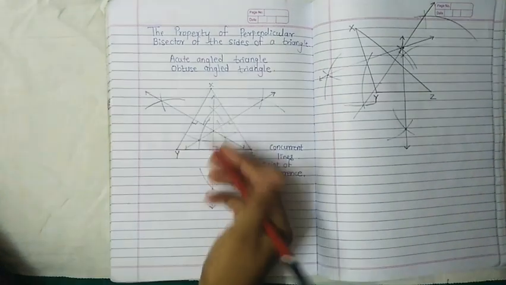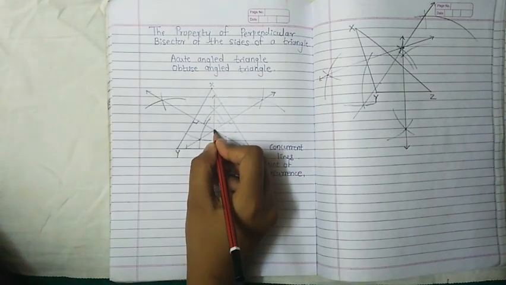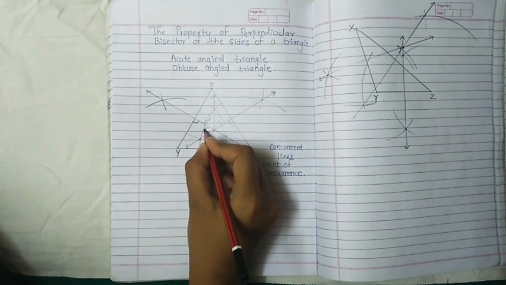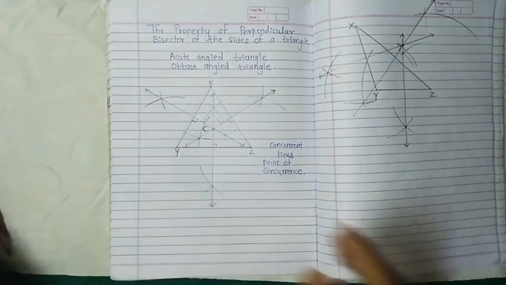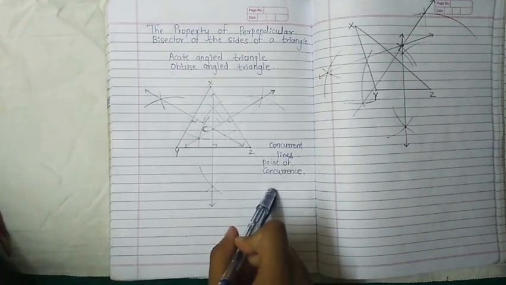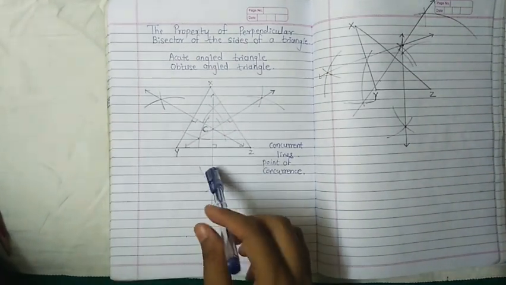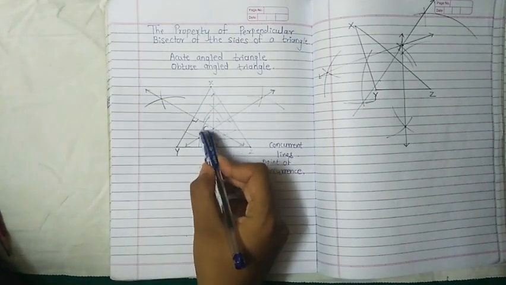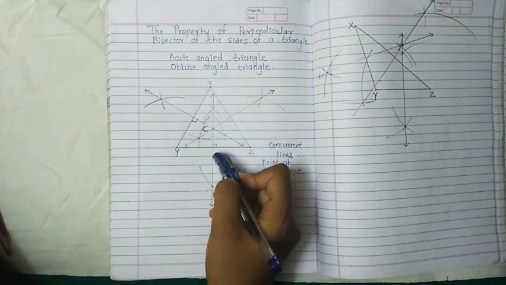This point of concurrence will be denoted by the letter C. Now children, tell me, where is the point of concurrence? In the interior of the triangle or in the exterior of the triangle? Yes, it is in the interior of the triangle.